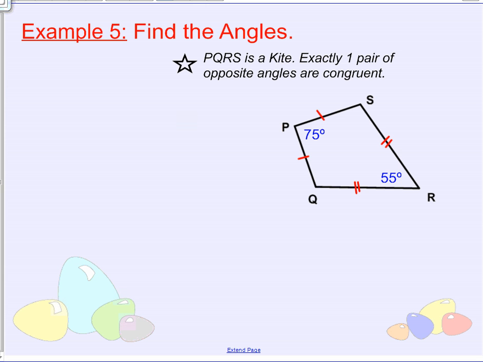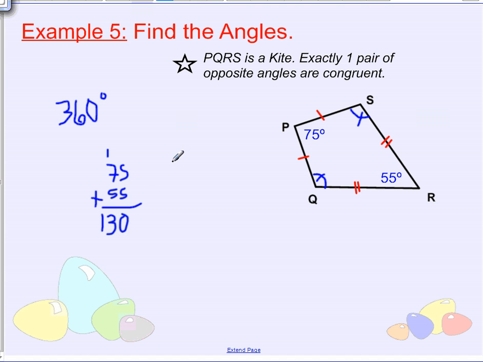With this, we need to figure out, well, how many degrees does every quadrilateral have? That would be 360. We know that angle S is going to be congruent to angle Q. So we need to add up 75 and 55, and we would get 130.